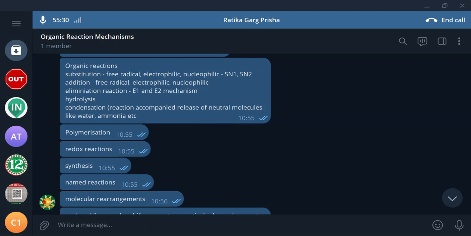Order means, for example, if you have two reactants and the reaction involves those reactants, so it involves two molecules like A and B giving C and D. So it has two reactants, A and B. Molecularity is the number of reactants available for the reaction. So A plus B gives C plus D means there are two reactants, is it not? So the molecularity is 2, right?